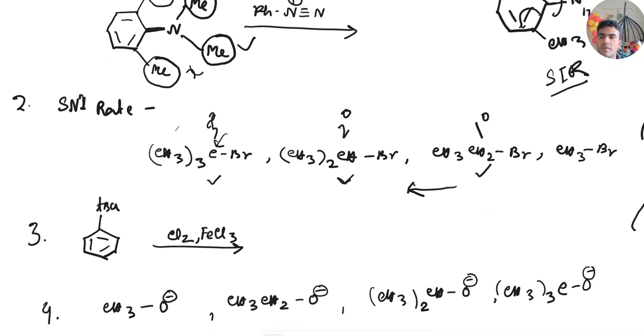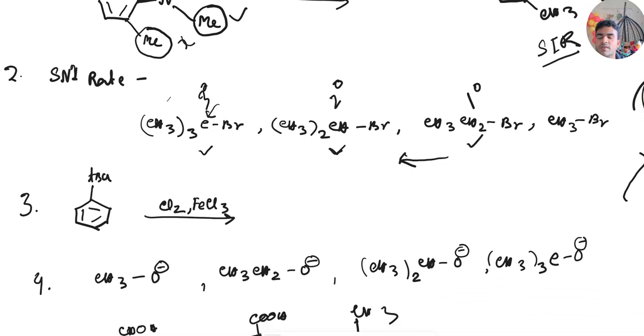This is also one example of steric effect. Next we come to the Friedel-Crafts reaction. This is tertiary butyl benzene. With Cl2 and FeCl3, as you all know, this will produce the Cl plus electrophile. This electrophile can come either at the ortho position or the para position.